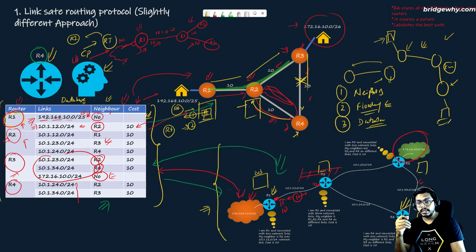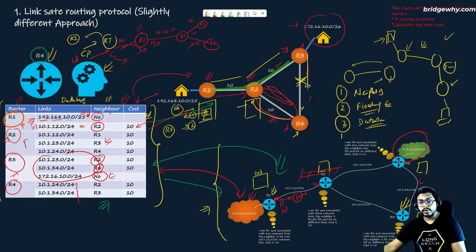You are going to wait for that, and believe me, that is why we have the concept of area. If you have heard about it, that we have the area concept in OSPF. But if you don't know about it, that is perfectly fine. As a part of the third step, we are creating the database which is common, which is going to be the same across all the routers in my topology, right?